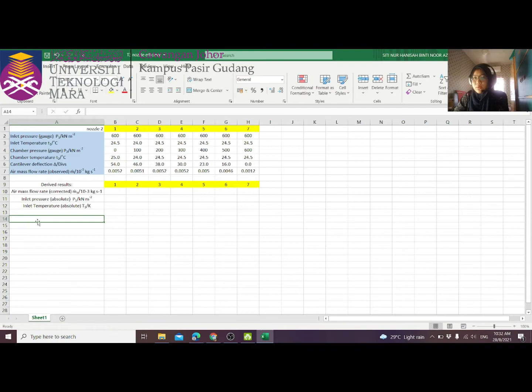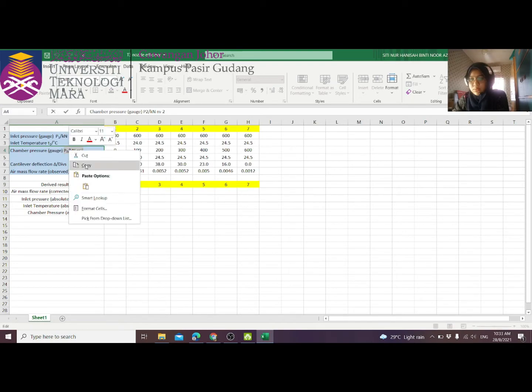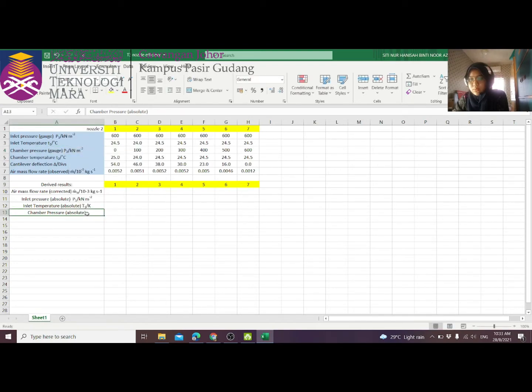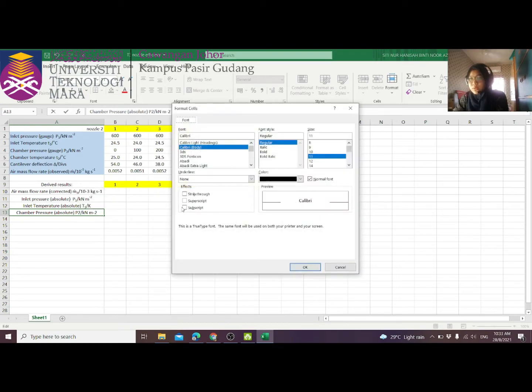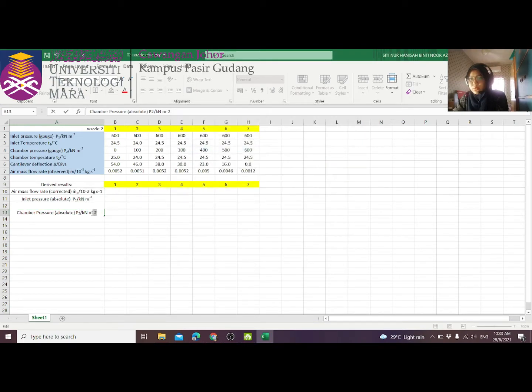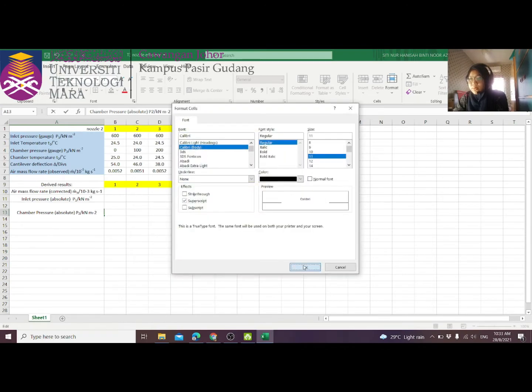Okay, then chamber pressure absolute. And this one should be subscript. This one should be superscript.